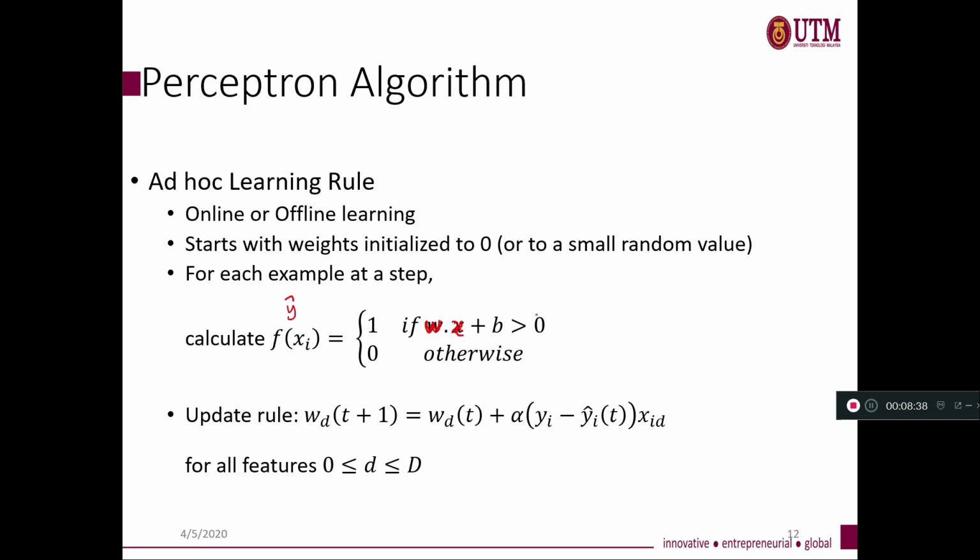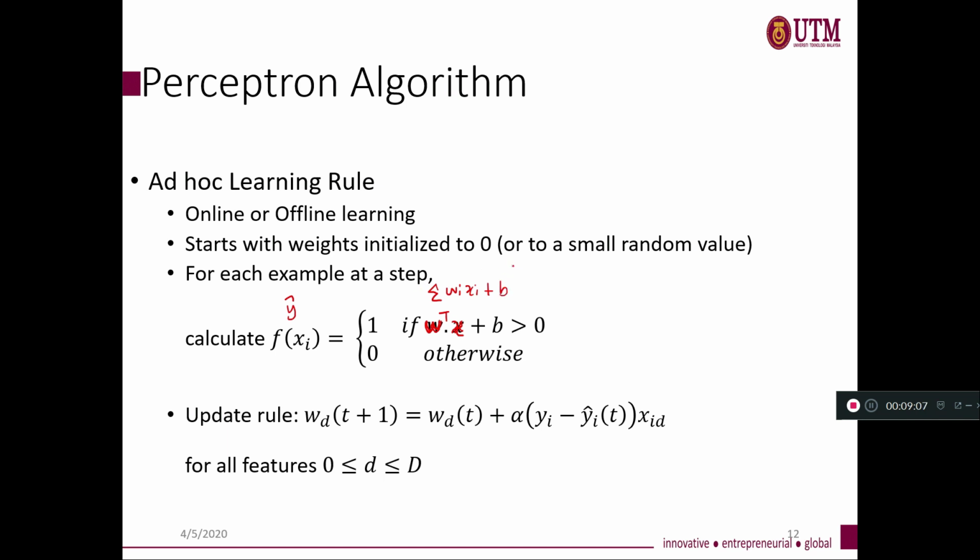So this is how the algorithm works. Just remember that this is a summation, w dot x, I think it should be a transpose here. So it should be your wi multiplied by your xi plus your b.